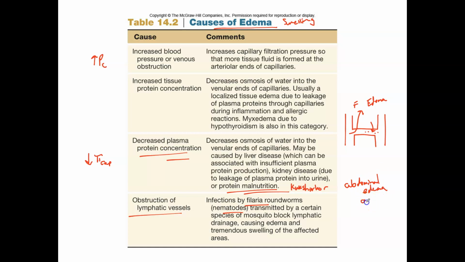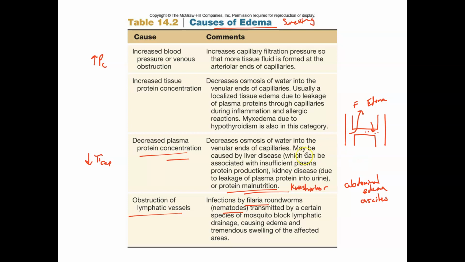It's known as ascites. And again, this is because in malnutrition, when you are not producing enough of these proteins, you have leakage of fluid into your abdominal cavity, and that can make your abdomen distend. And that's where this term ascites comes from. So malnutrition, liver failure, kidney failure, all reasons for causing edema.